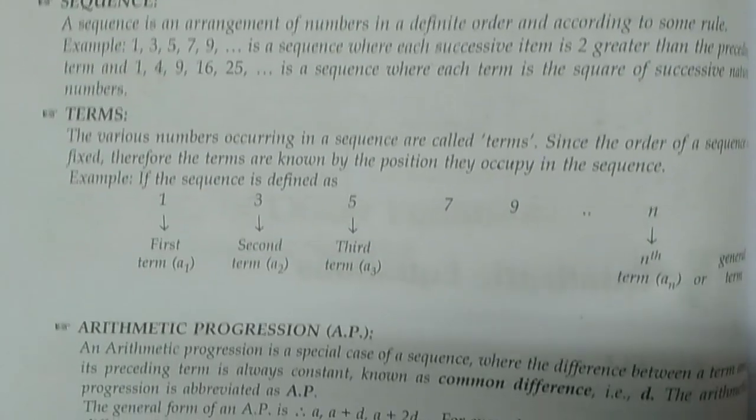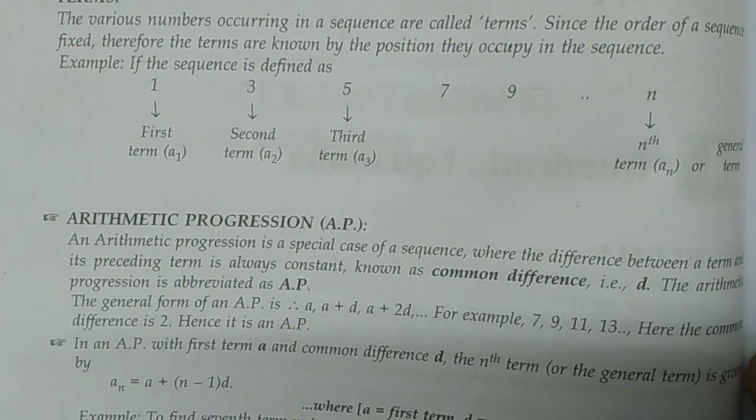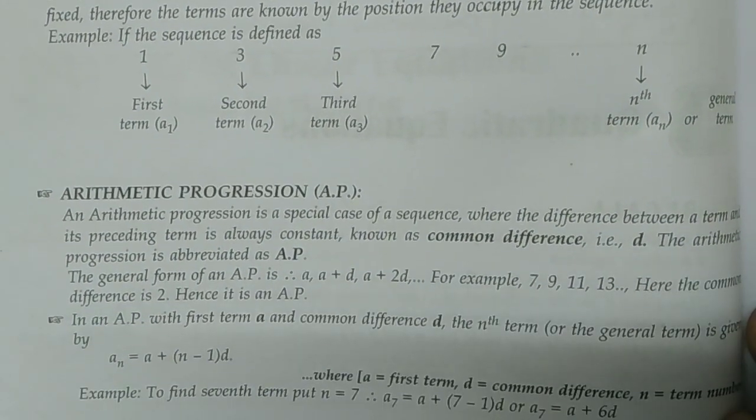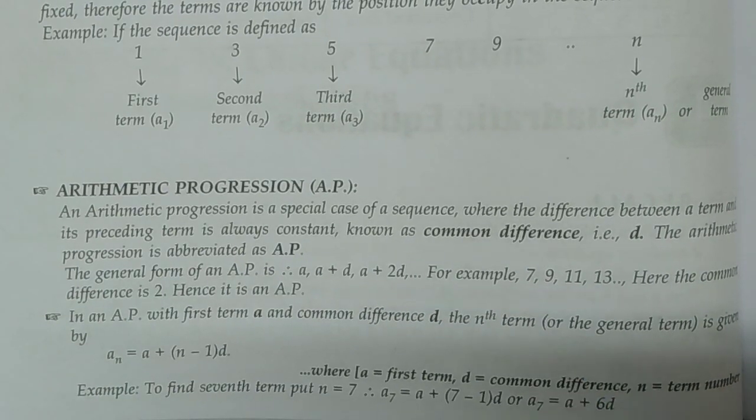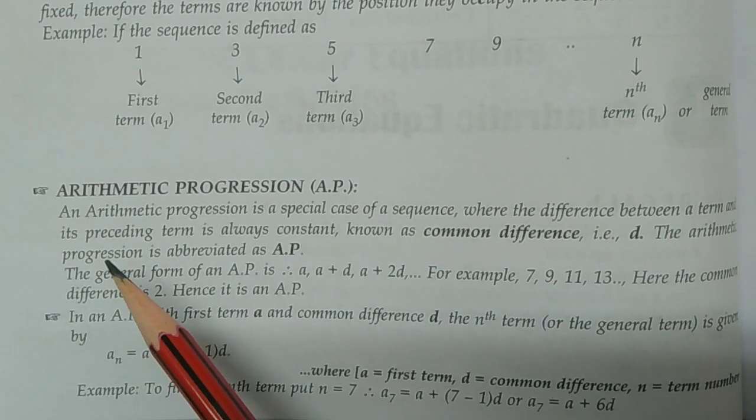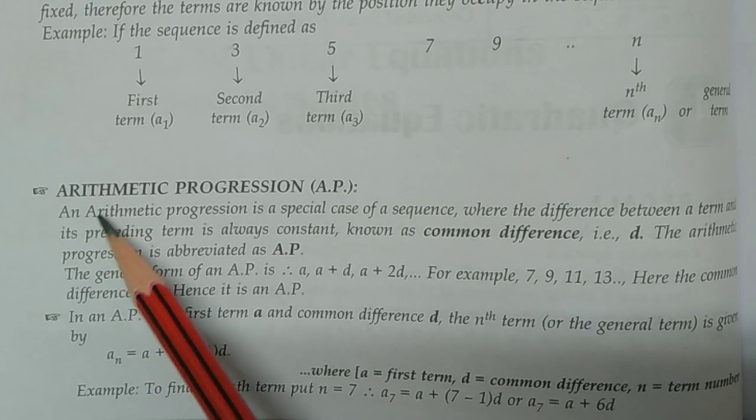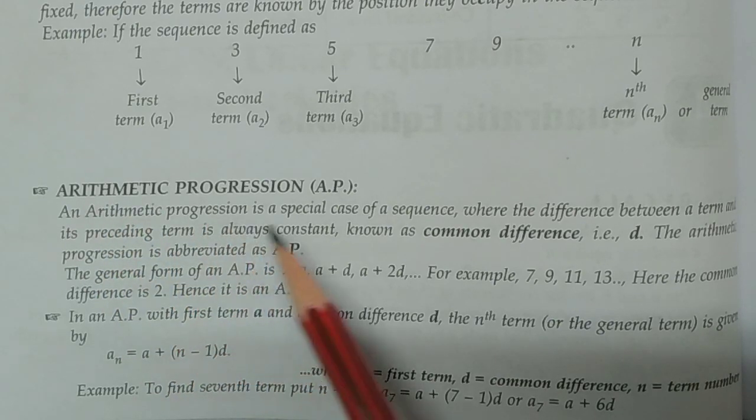Now next, this is arithmetic progression, called AP in short.